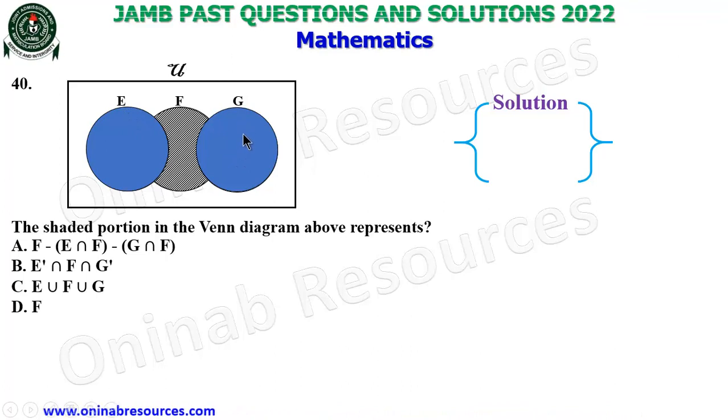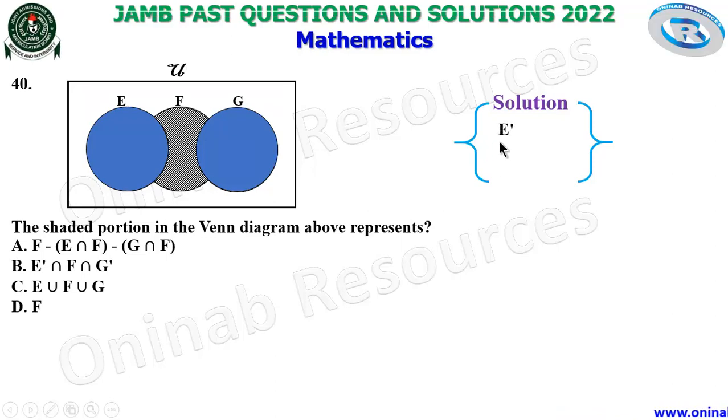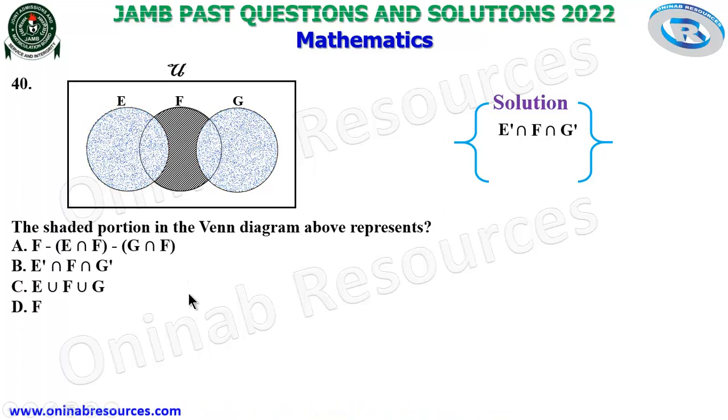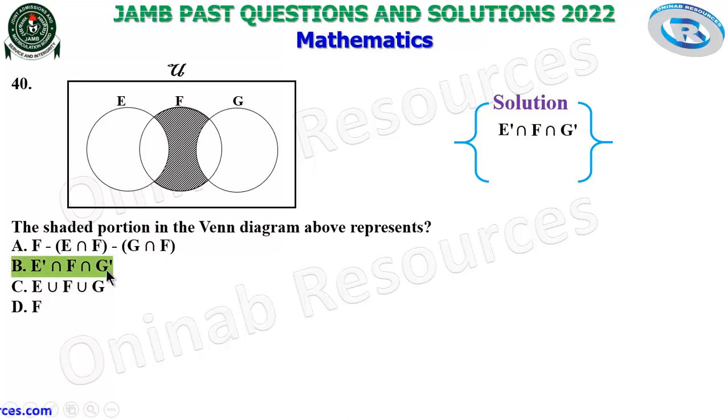Cover this one, it means G complement. So what it means now is we have removed E completely, we have removed G completely. What we are left with is F only. So we have it as E complement intersection F intersection G complement, which means F only, and that gives option B. So the answer is option B.